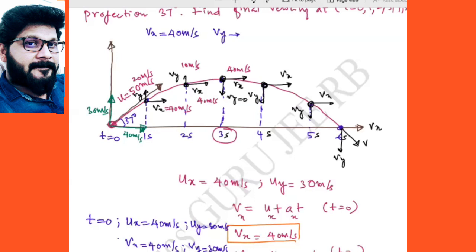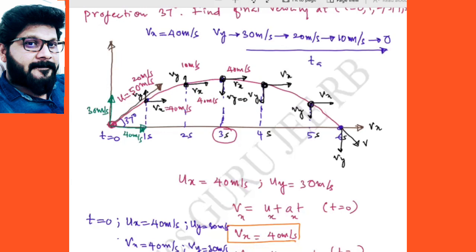At t equal to 0, the Vy component is 30 meter per second. It started its journey with 30 meter per second, then it reduced to 20 meter per second, then to 10 meter per second, then to 0, right? This is nothing but the time of ascent, from the starting point, the time taken to reach the maximum height.